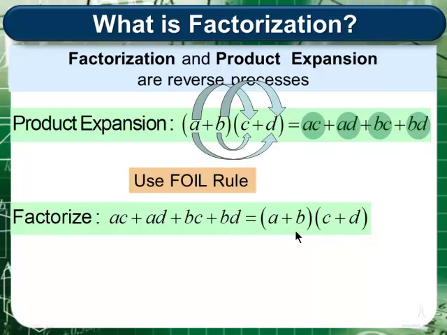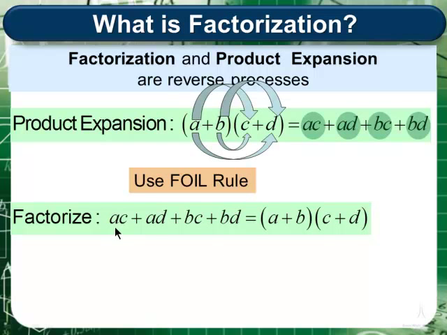That's where the term factorize comes from. We change an expression which normally is in the form of a sum of a number of terms into one single term where we have different factors. In this case, we can see the factors will be a plus b and c plus d respectively. So factorization and product expansion are reverse processes of each other.